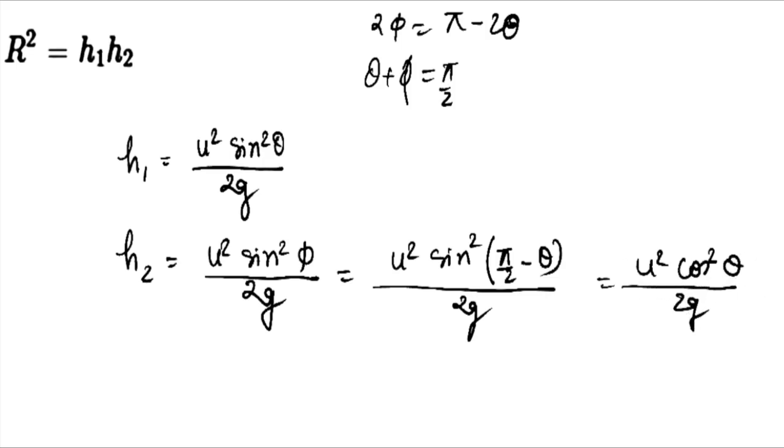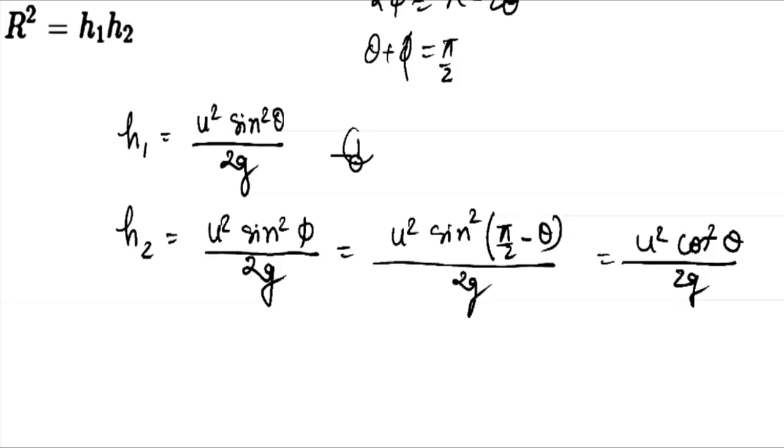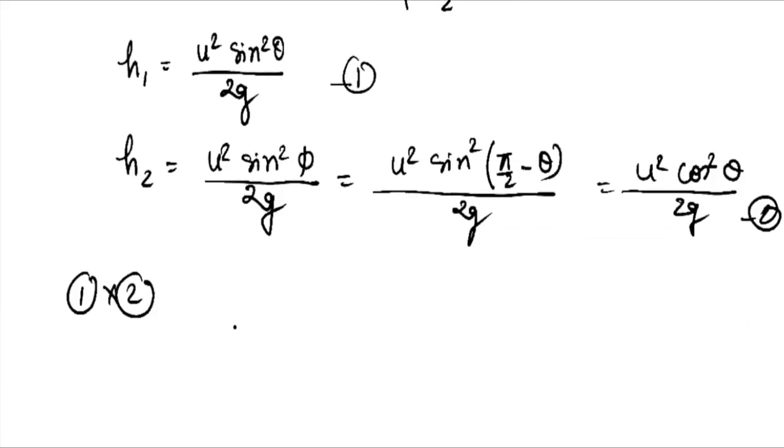If I multiply equation 1 and equation 2, I will get h1 × h2 = u⁴ / 4g² × sin²θ cos²θ.